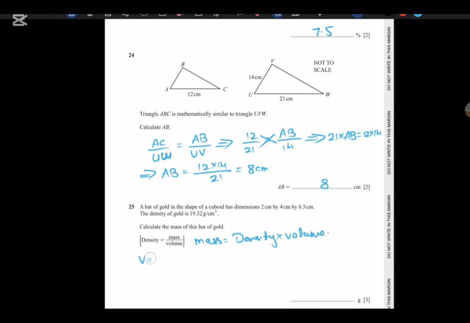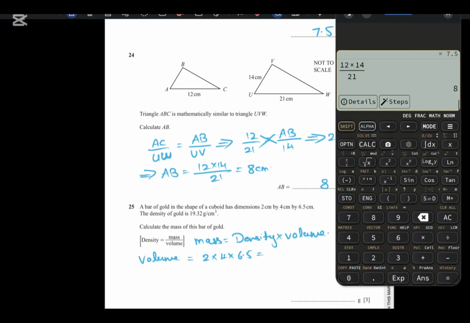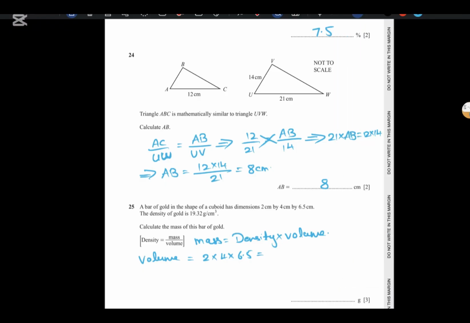First find out the volume using the cuboid formula, length into width into height. Find out 2 into 4 into 6.5, 52 centimeter cube.